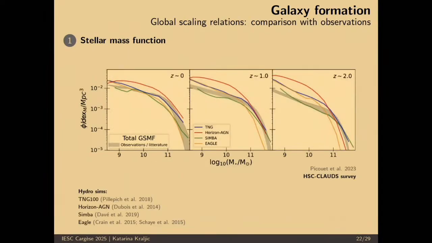Okay, so now let me show briefly some comparison of how well we do in these cosmological hydrodynamical simulations compared to observations. Here is just one example, showing the stellar mass function at different redshifts. This shaded area is observations, and in colors you have four different state-of-the-art, as of today, cosmological simulations.